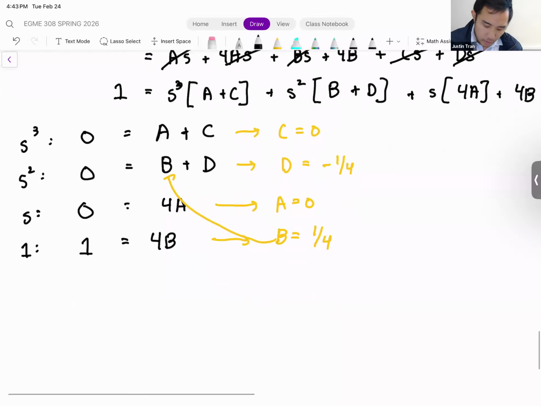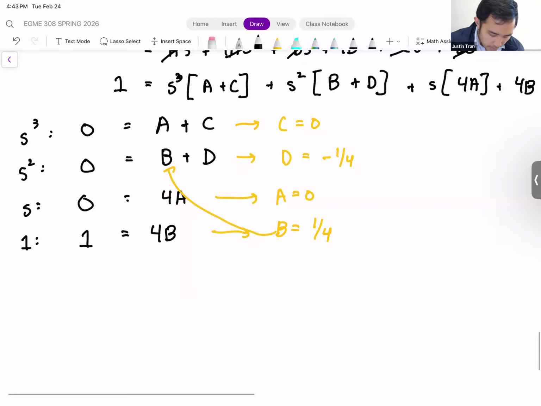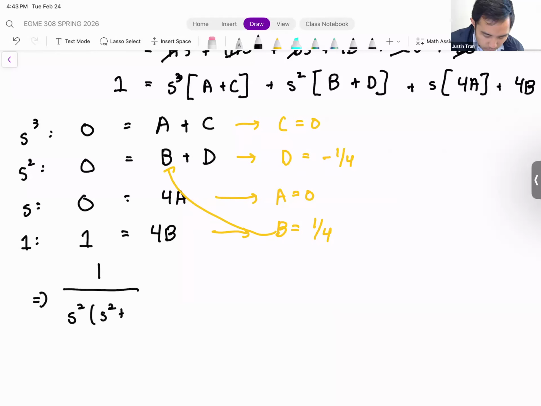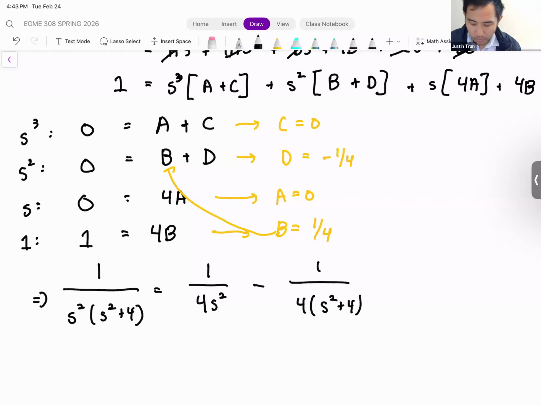Okay. And so with those coefficients in mind, we can go ahead and complete our partial fraction. So our partial fraction decomposition, 1 over s squared times s squared plus 4, is equal to 1/4 times 1 over s squared minus 1 over 4 times s squared plus 4.